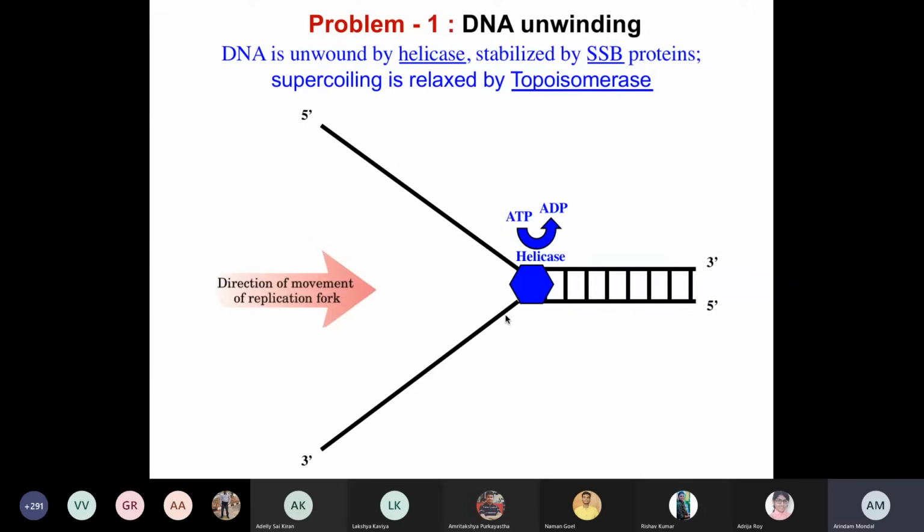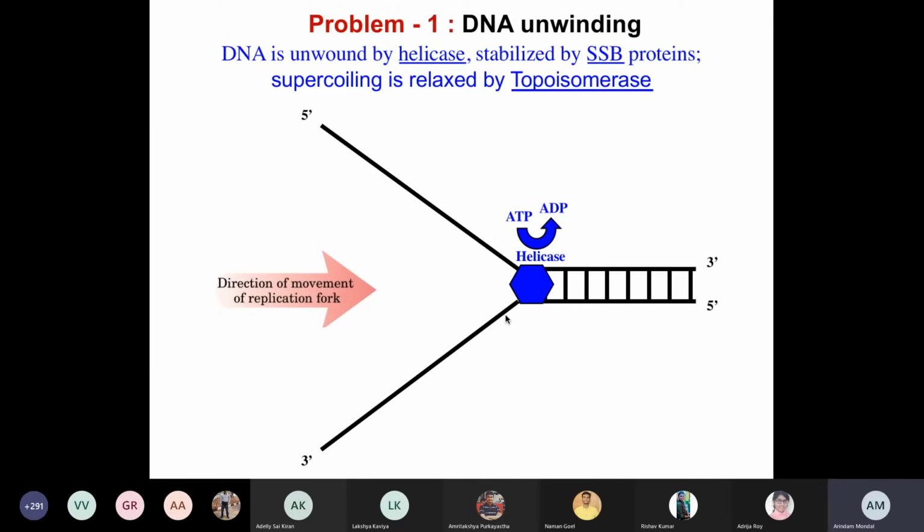So in the initiation of the DNA replication process, helicase first comes in and unwinds the two DNA strands from each other, and for this purpose it utilizes the energy from hydrolyzing ATP to ADP so that it can break apart the hydrogen bonds responsible for the base pairing.